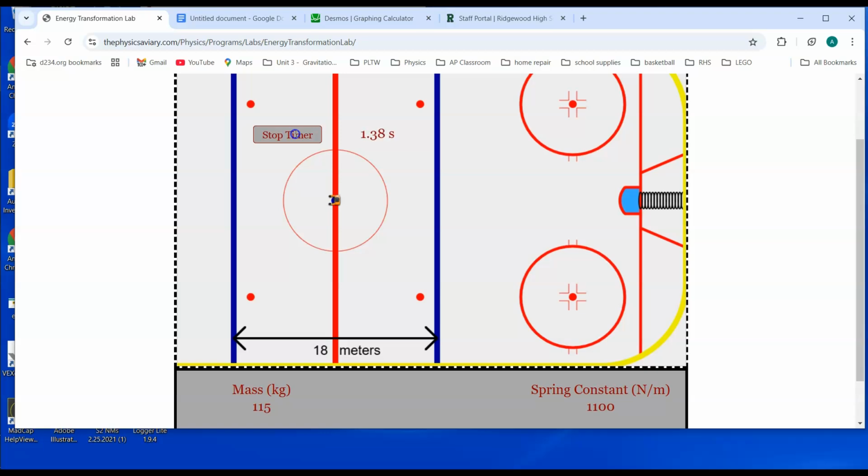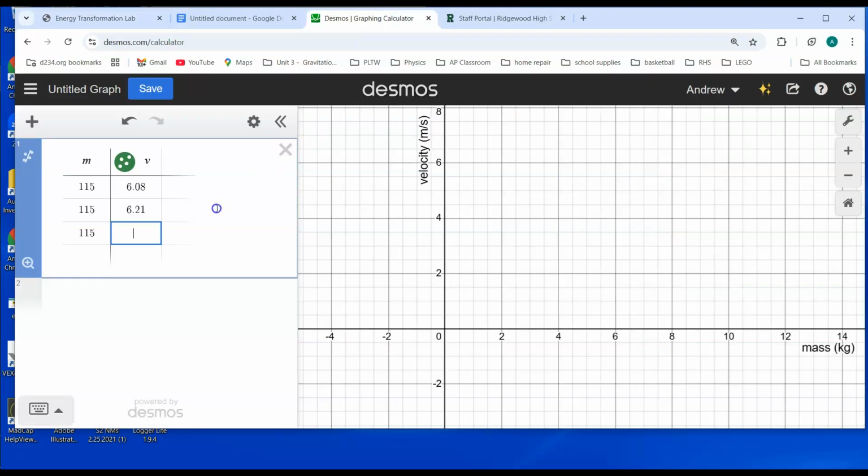Go and stop. 18 meters divided by 2.92 seconds gives me 6.16 meters per second as a velocity. Now I can't see my data because I need to set my axis values.